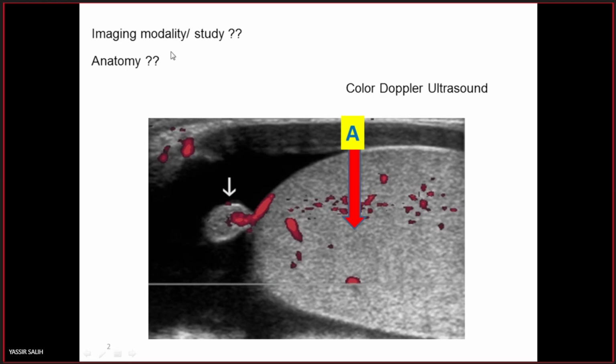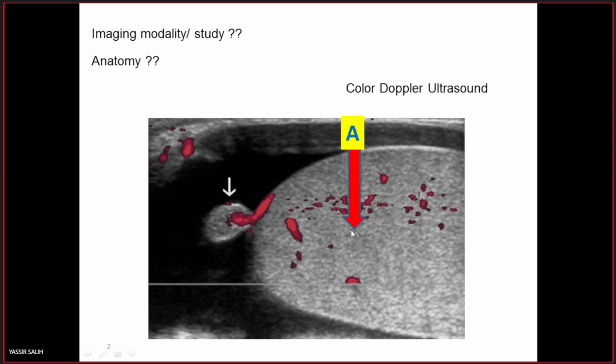Imaging modality means MRI, CT, conventional X-ray or plain X-ray, fluoroscopy: the technique or the machine used for doing this image. But for the study or the exam, in addition to the imaging modality, you have to mention the structure or the imaging part.